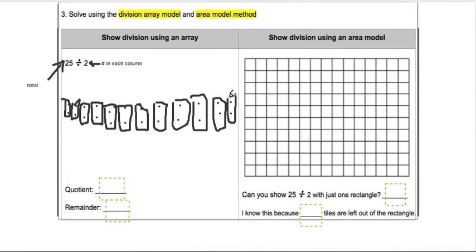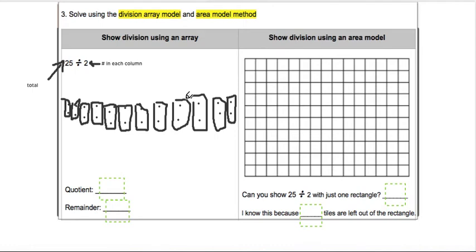And then how many do we have now? 24. What happens if I make one more column of 2? How many will I have? Yeah, I'll have 26, which is too many. So how many will be left over? I have 24. My total is 25.